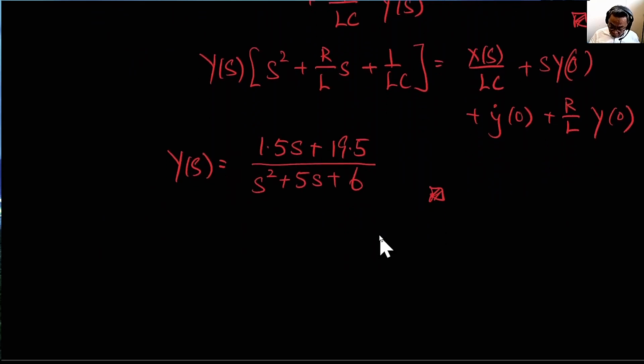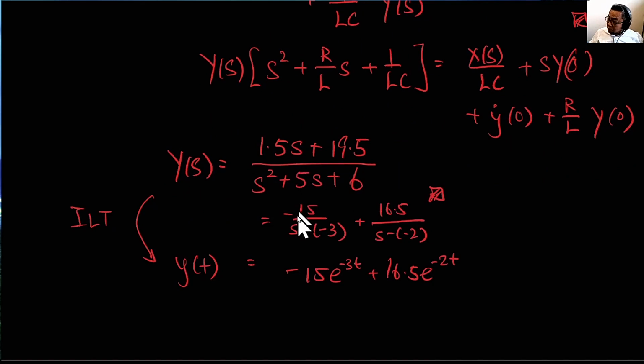What we now need to do is to perform the inverse Laplace transform to get y(t). I'll leave you to do the partial fraction expansion yourself. From this step to this step, you can try it manually or you can use residue in MATLAB to solve the problem. Once you have it in this simple form, you can simply do the lookup table.